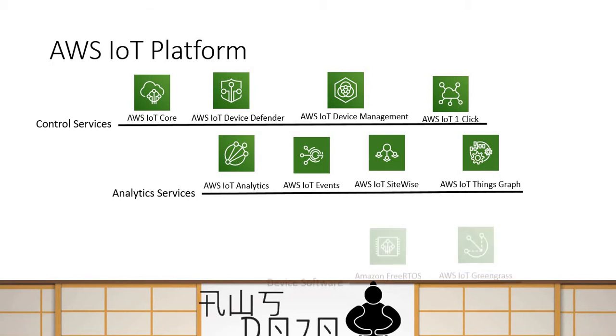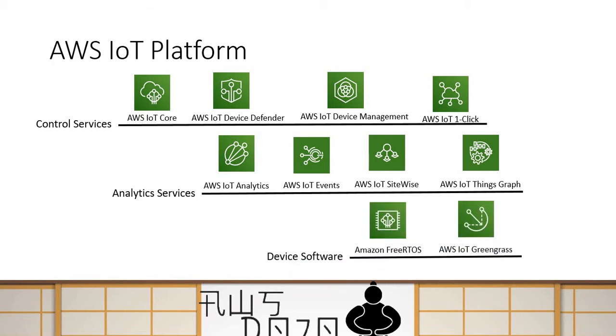And finally, we have certain services which are used for edge computing. So for instance, if you have microcontroller-based devices, then they can use FreeRTOS as a device software to do the edge computing.